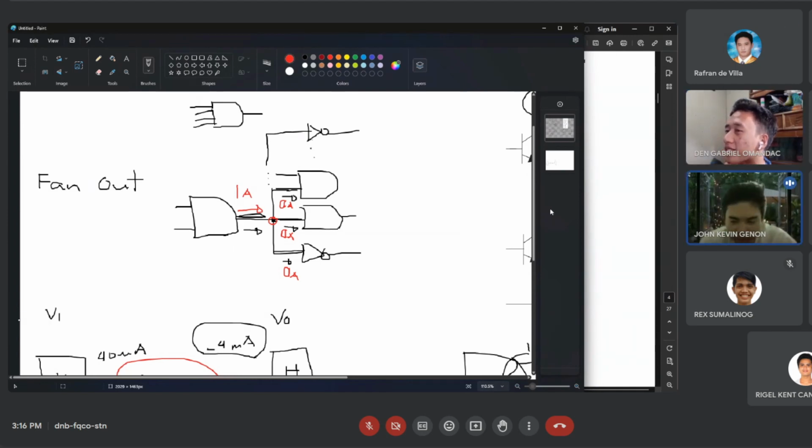Kani sir kay ang sum ani sir ang current na mo enter o mo exit kay zero. Ang sum. Yes sir. Ang sum sa current nga mo enter o sa current nga mo exit is zero. Mas mo equal og zero sir.